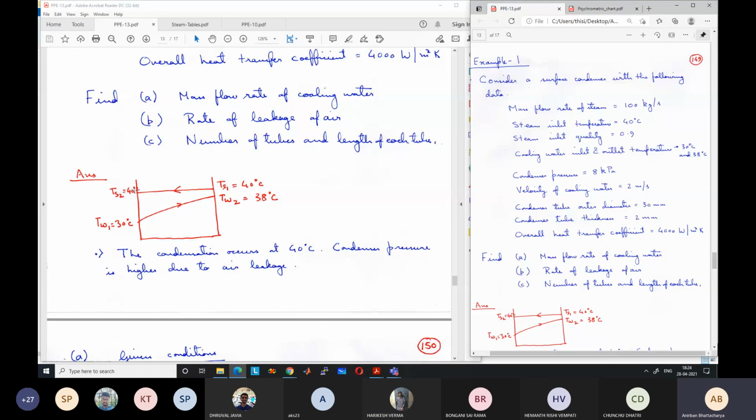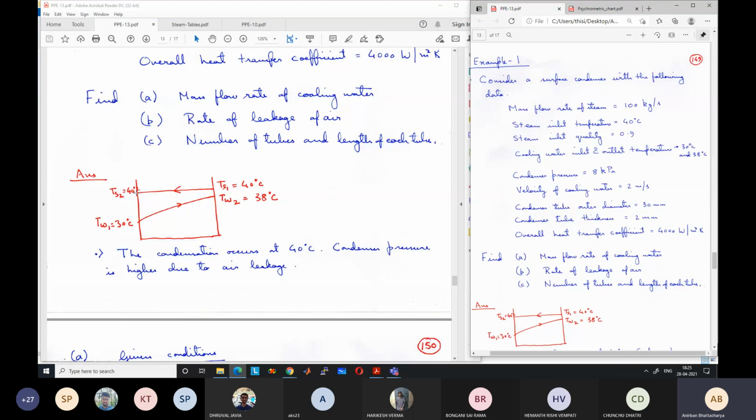So both the conditions are fixed. State 1 of steam is 40 degrees centigrade, quality 0.9, and state 2 is 40 degrees centigrade, 0 quality, saturated liquid. So we can obtain the enthalpy at both the states if needed, or any other values.